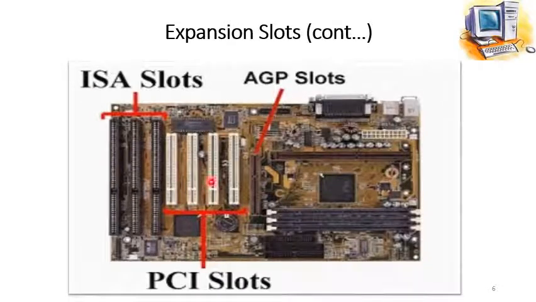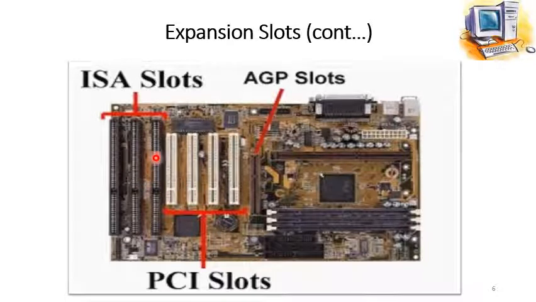Here we are having the picture of a motherboard, and in this we can see that the slots are labeled. These 4 white colored slots, they are called PCI slots, Peripheral Component Interconnect. These are the PCI slots over the motherboard.